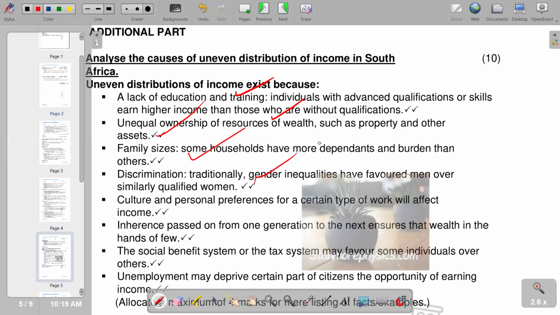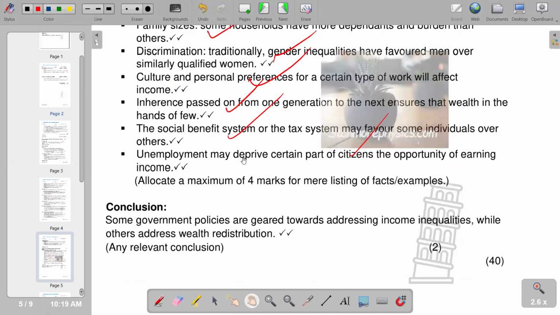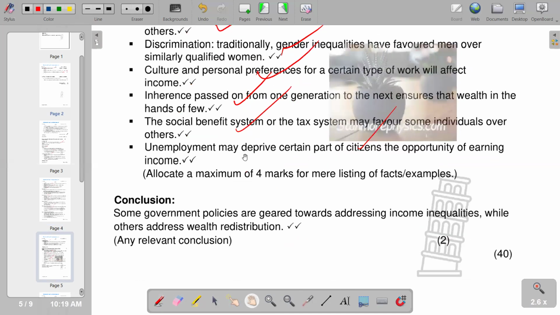Then there are culture and personal preferences, where certain types of work will affect income. And also inheritance passed on from one generation to the next ensures that wealth stays in the hands of few. So these are the other points that we can include in terms of causes of uneven distribution of income in South Africa. This is now the end of our additional part.